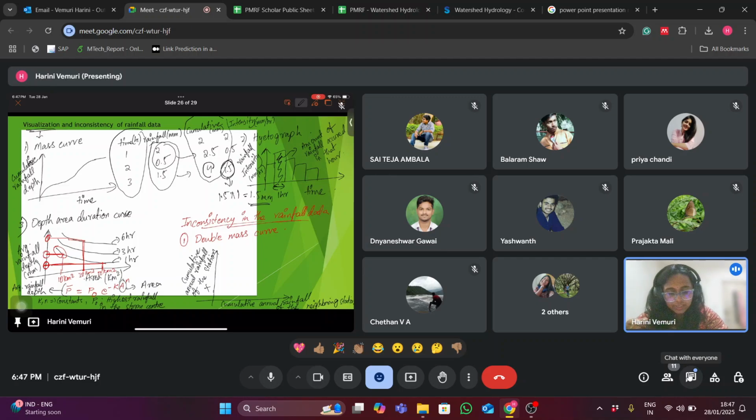Okay, so first, whatever data is available, we will arrange in reverse chronological order and then find cumulative rainfall at the particular station where we are checking if there is any inconsistency in the data or not. And also we will find cumulative annual rainfall using all the remaining neighboring stations. Okay. And then we plot the graph. So initially, if we got a plot like this, that means there is an inconsistency in the data.